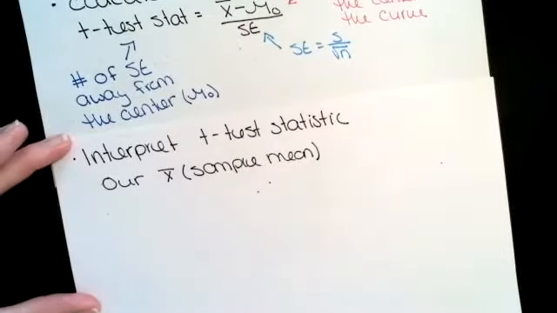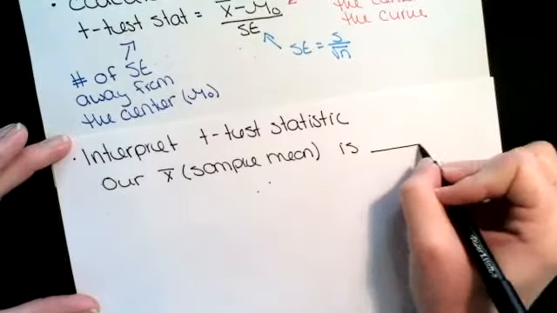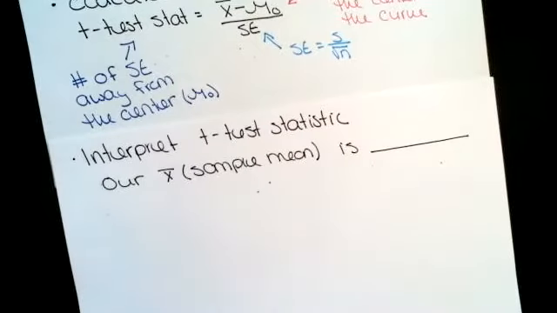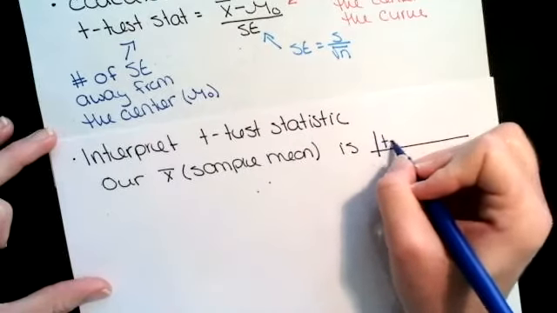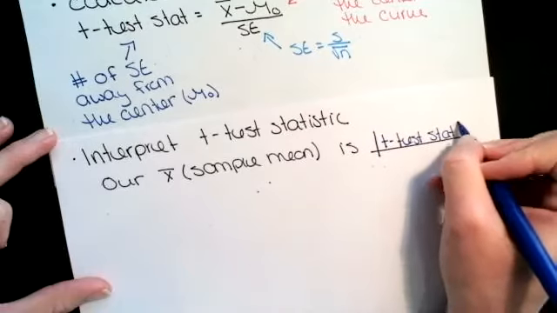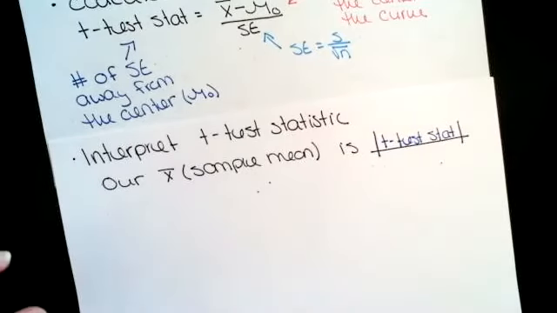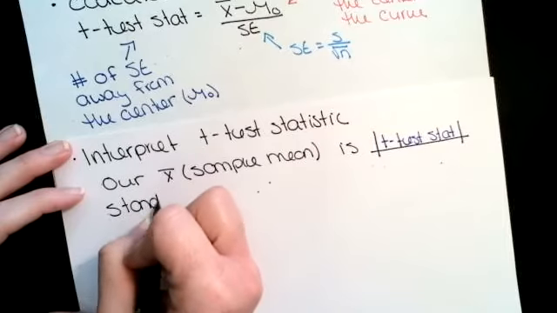So whichever one, you don't have to write them both, is whatever our value is, our test statistic. So it's the absolute value of the t-test statistic standard errors.